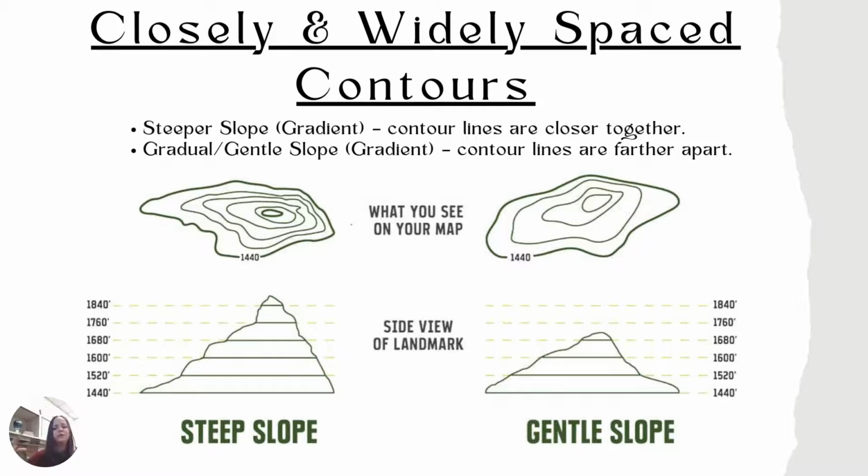If the contour lines are really far apart, that means that over that same horizontal distance, you are losing or gaining elevation, not a lot, not very quickly. And so you're going to end up with a really gradual slope. Okay, so closely spaced contour lines is a steep slope, and far apart or widely spaced contour lines is a gradual slope.